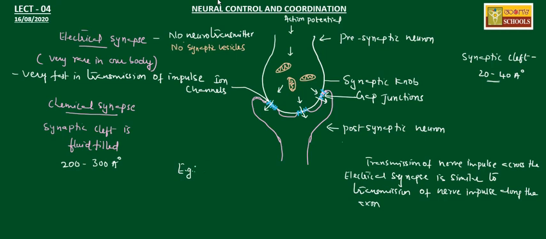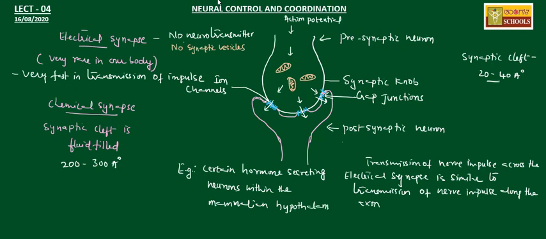Now, we'll see an example of where these electrical synapses are present. They are present in certain hormone secreting neurons within the mammalian hypothalamus. In mammals, the hypothalamus may have certain hormone secreting neurons, and the connections between them are through these electrical synapses.